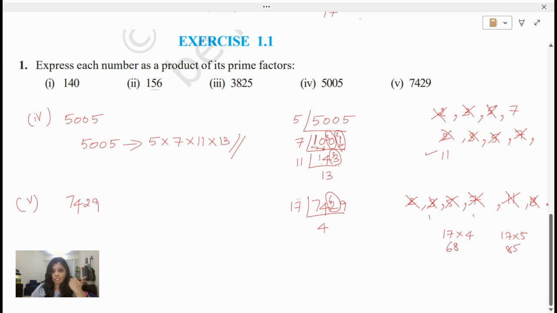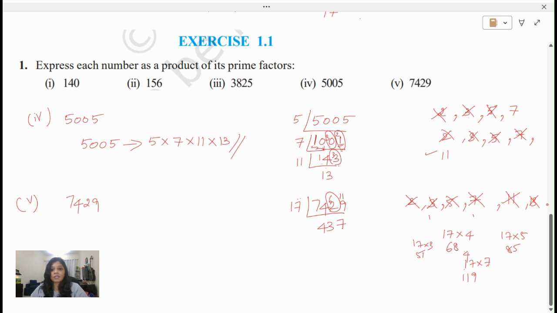So I can go for 3 times. 17 times 3 will be 51. So the remainder will be 11, 119. So let's go for 17 times 7. 7 sevens are 49, 1 sevens are 7, 8, 9, 10, 11. So it is 119. It's perfectly divisible. Okay, do you understand how to choose the proper prime number to divide it? Sometimes it becomes tricky to find the prime number.